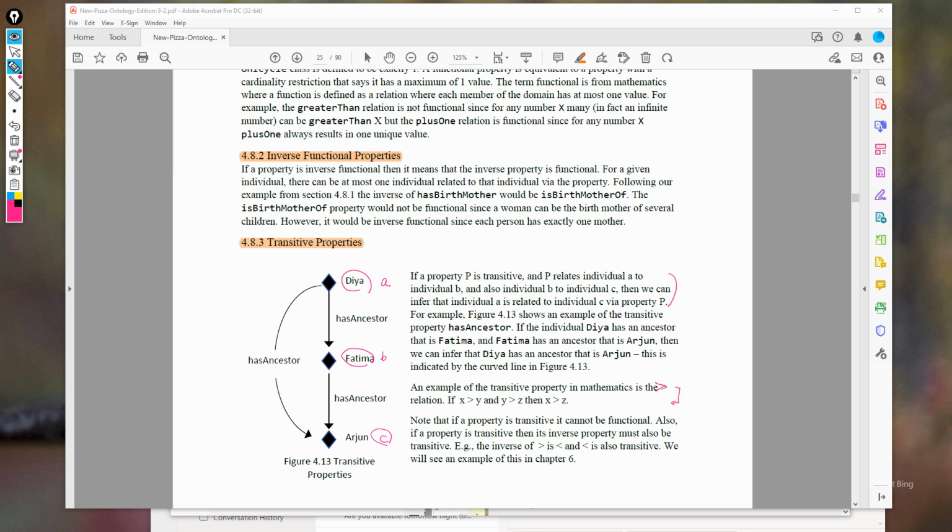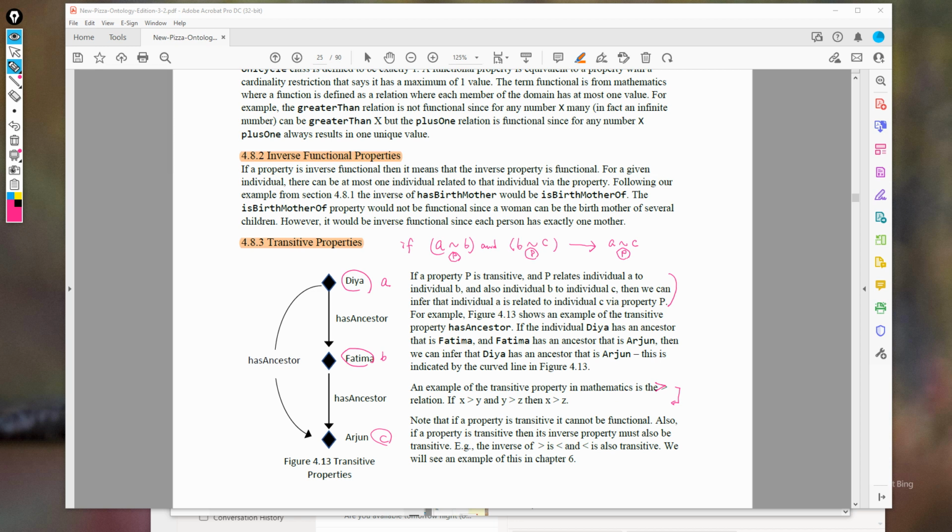In summary, if A and B are related by the property P, and B and C are related by the property P, and P is transitive, then A is related to C by property P.